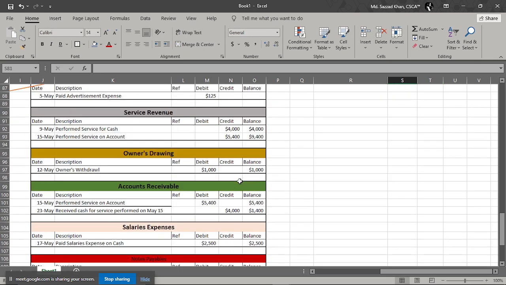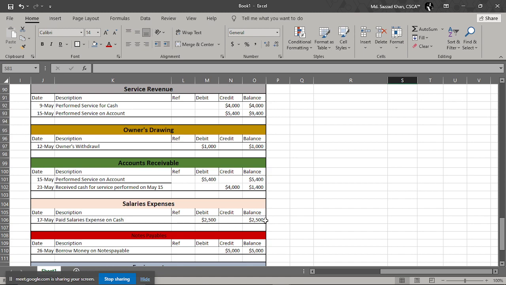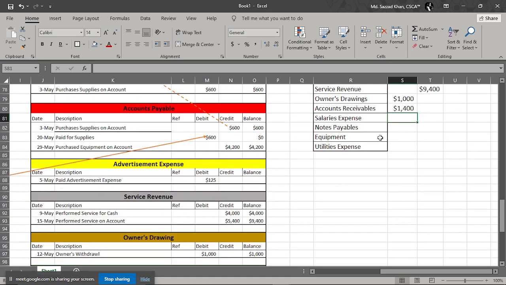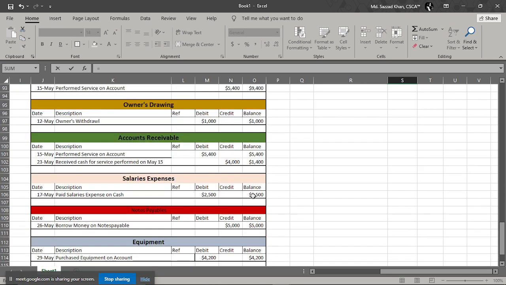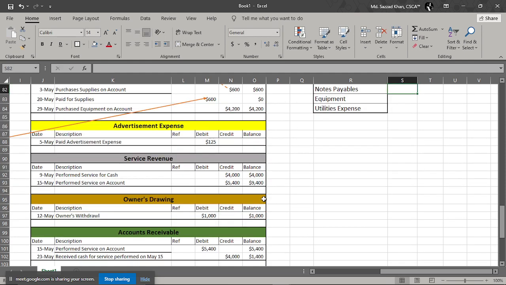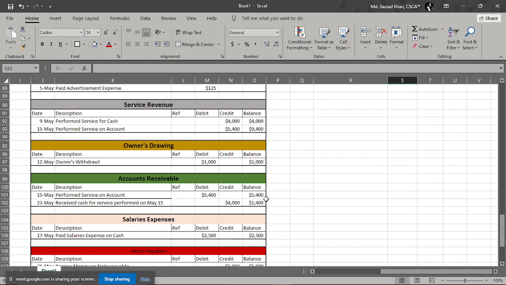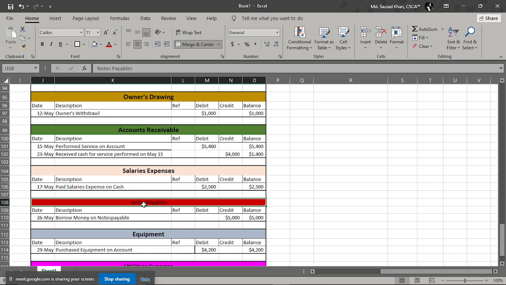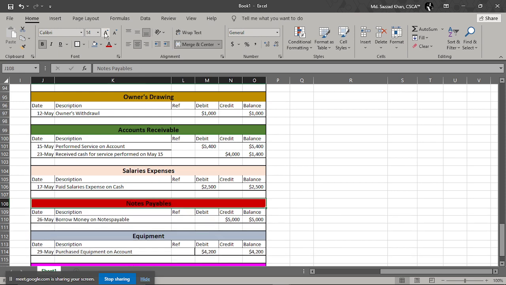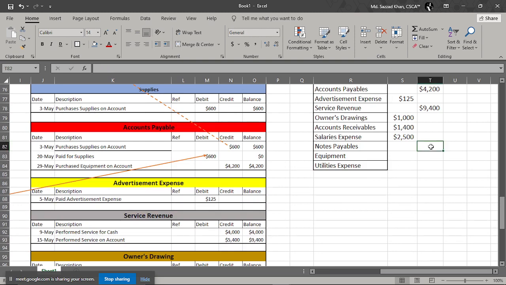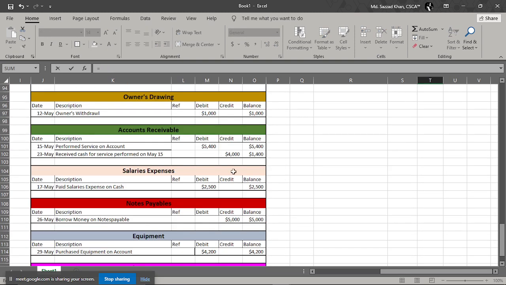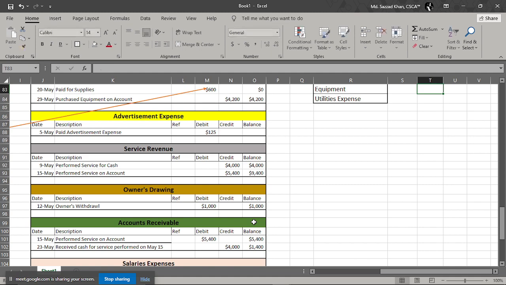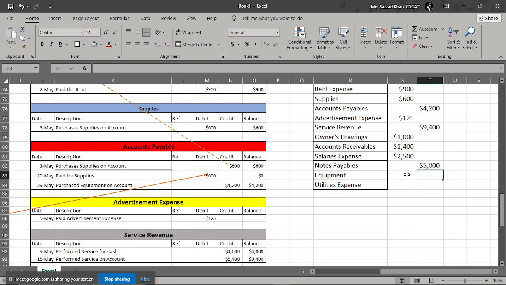Salary expense, let us see. It's debit. Debit balance. Then what happened to notes payable? Notes payable also in credit. Credit balance, right? What happened to the equipment?